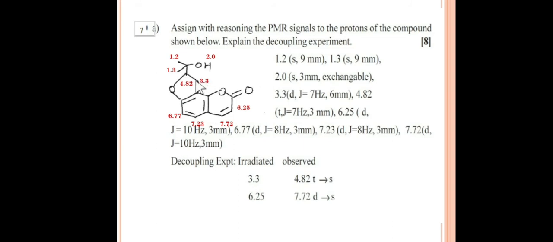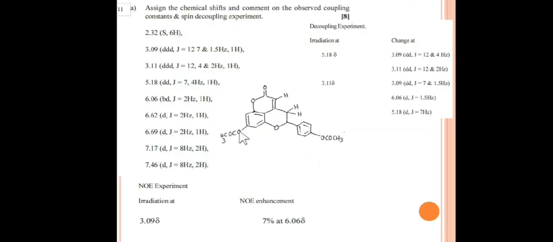Of course, this CH has only one coupling partner, so it becomes a singlet after irradiation. Also, irradiating the proton at 6.25 affects the proton at 7.72, which was previously a doublet and converts to a singlet. That means they are associated with each other. This is how we can confirm our assignment. Okay, let's go for the next problem.